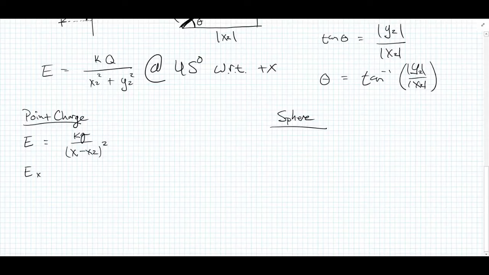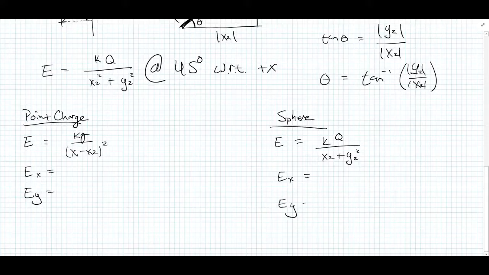So we need to calculate the x component, and we need to calculate the y component. Then for the sphere, the magnitude is related to capital Q in there. And we need to calculate the x and the y components for this as well. So the x and the y components depend on the direction.